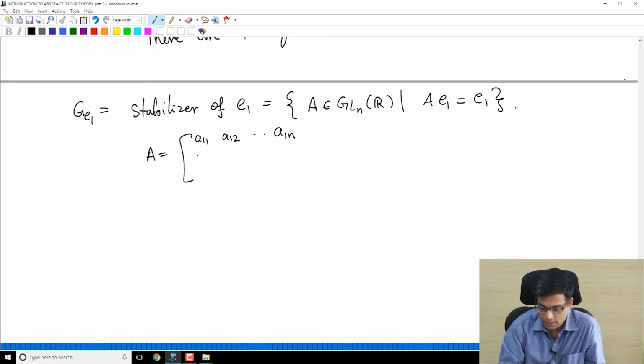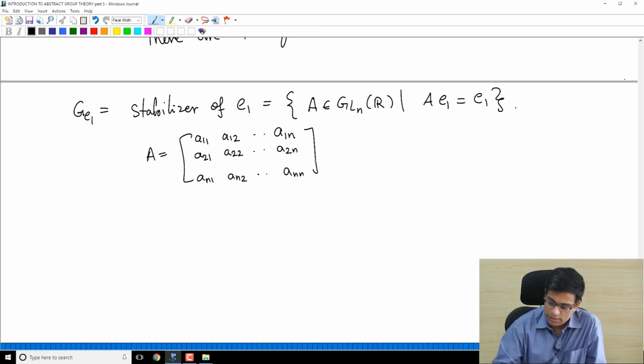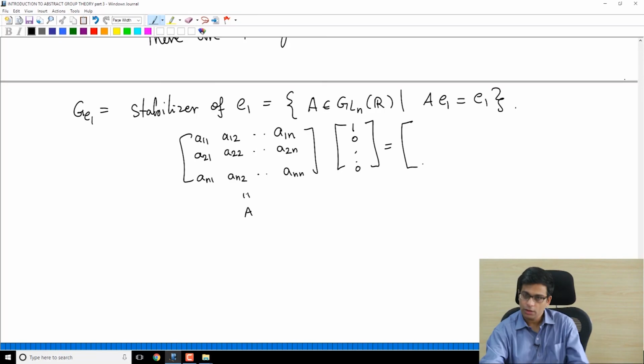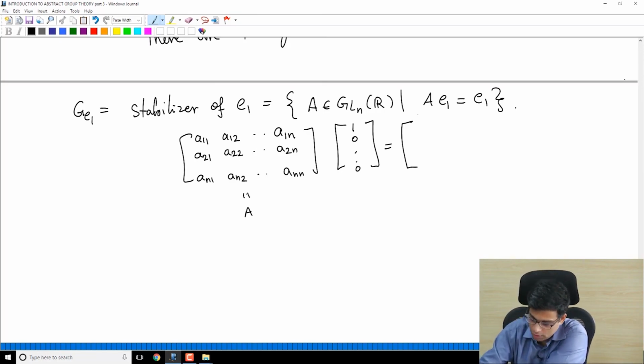So the first row entries are A11, A12, up to A1n, the second row A21, A22, up to A2n. Finally, the last row is An1, An2, up to Ann. And if you multiply this with E1, which is 1, 0, 0, what do you get? If you are familiar with matrix multiplication, this is simply A11 times 1 plus A12 times 0 and the rest do not contribute. So that's just A11. The second row times the vector will give you A21, up to An1.